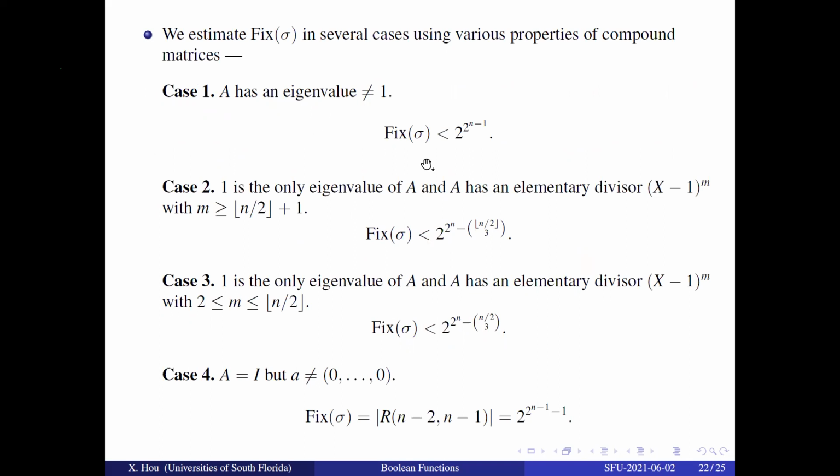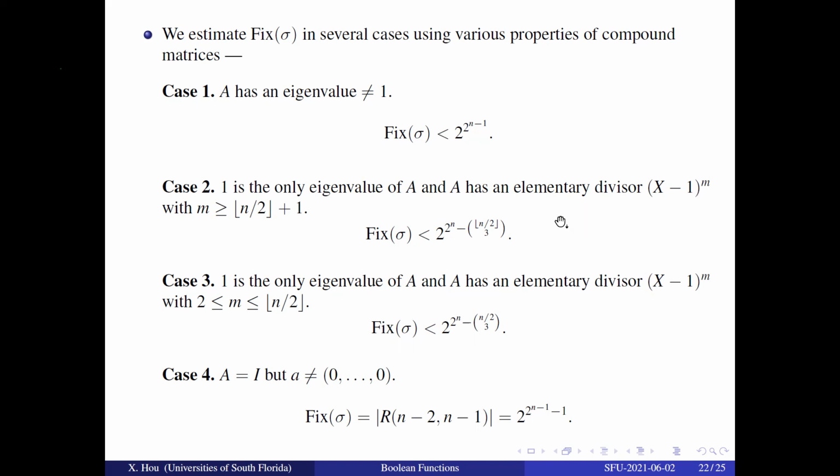In that case, we can show that fixed sigma is bounded by 2 to the power n minus 1. In the second case, we assume that 1 is the only eigenvalue of A. If 1 is the only eigenvalue, then all the elementary divisors of A are powers of x minus 1.